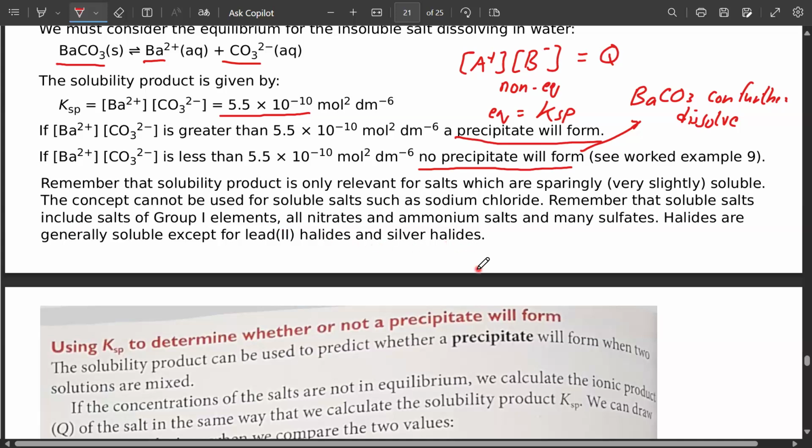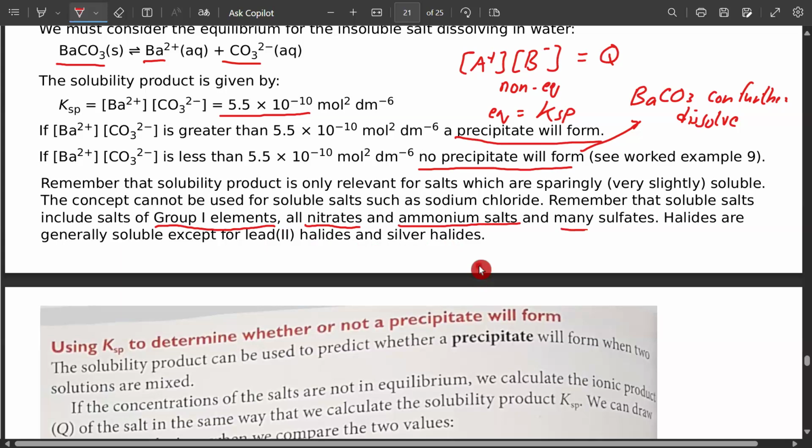So basically, we have to understand which types of salts can be dissolved in water. All the nitrates, all the ammonium salts, and all the group 1 element salts are soluble.